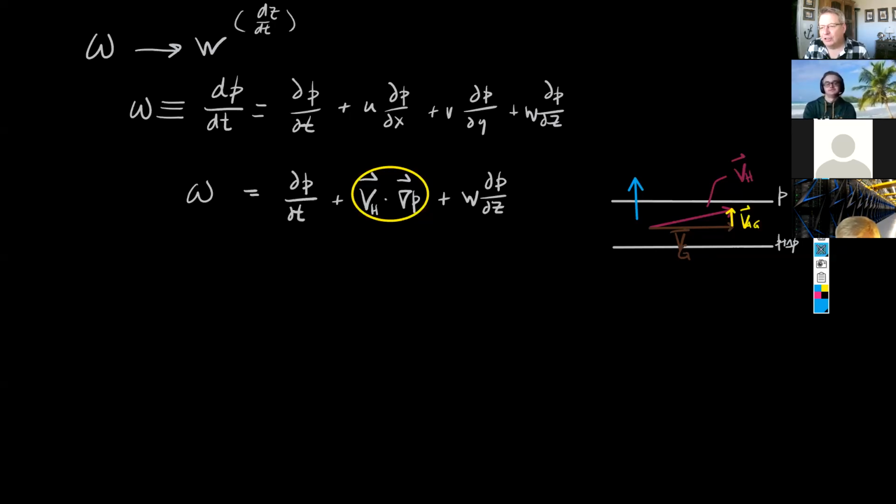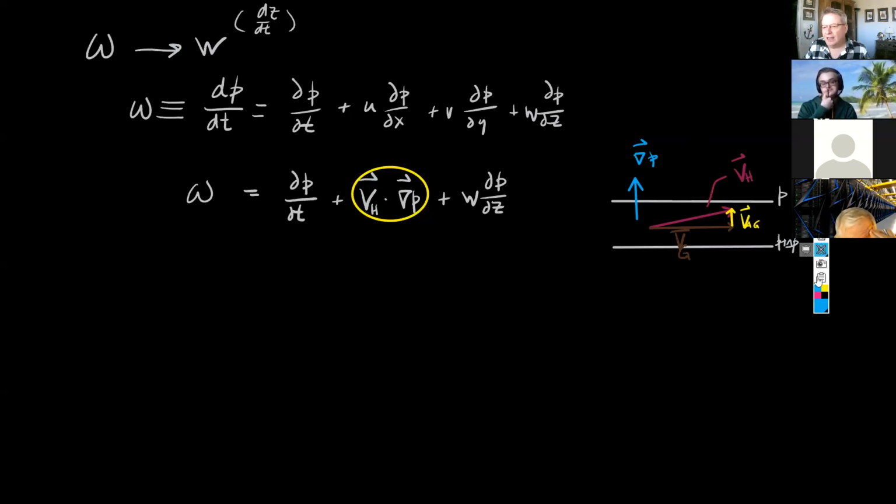This is a vector, del P. The geostrophic wind is a vector. Those two vectors are perpendicular. Does the geostrophic wind cross the isobars? No, it's parallel. Then can it advect the pressure gradient? No. Right?